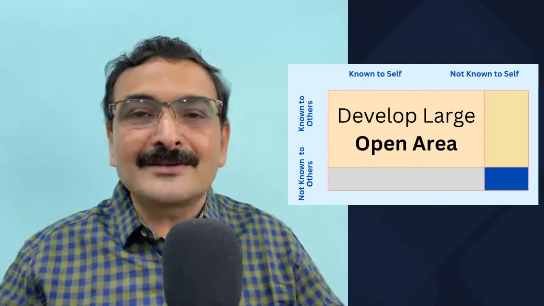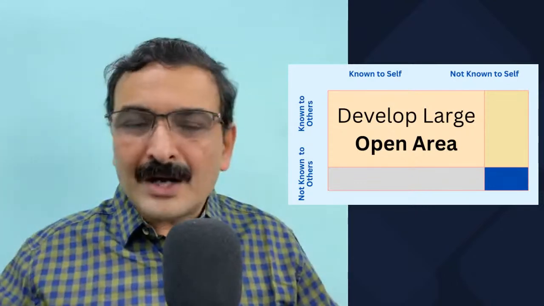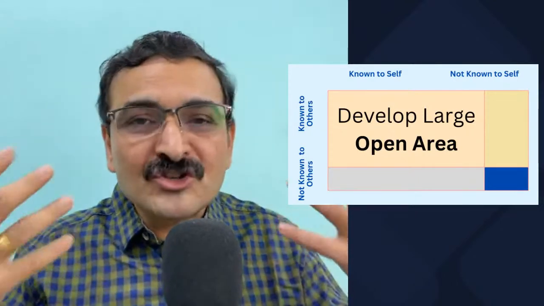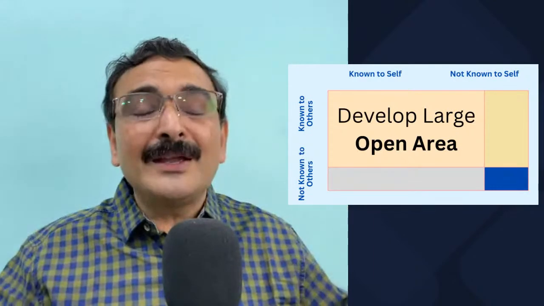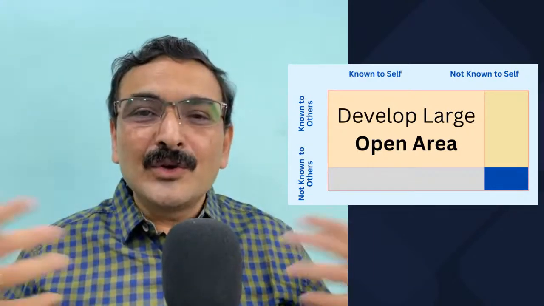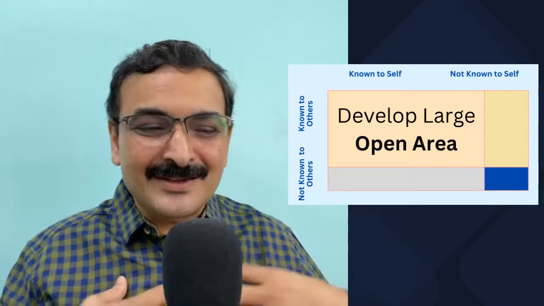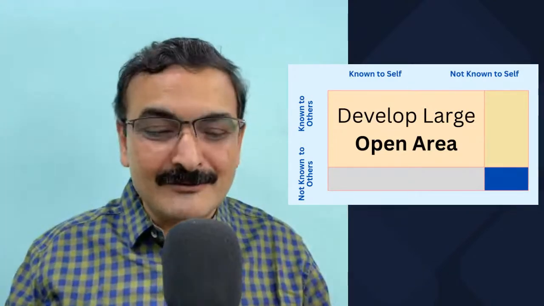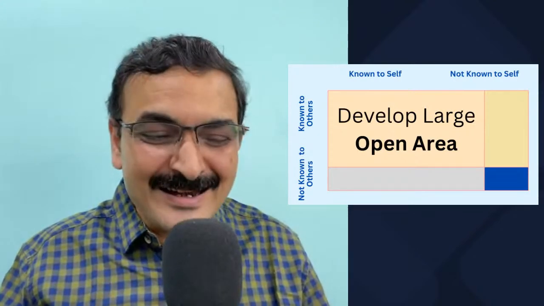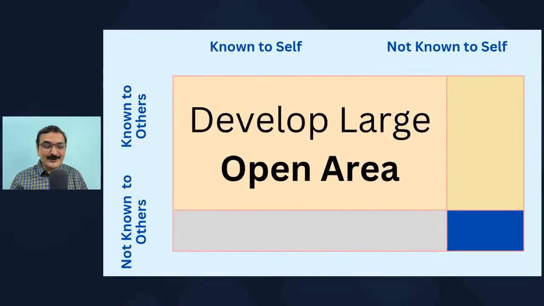You have to choose the right mentor, coach, partner with whom you can share this information, and that way you can relieve your internal pressure, stress and strain and anxieties. So we need to develop that larger area, and that's what is required for our growth, our development.